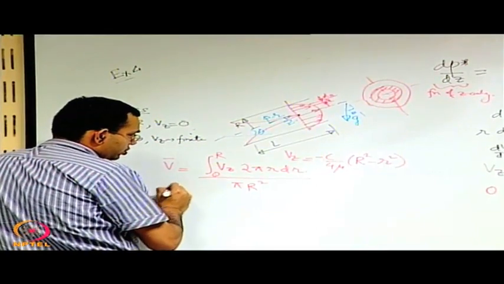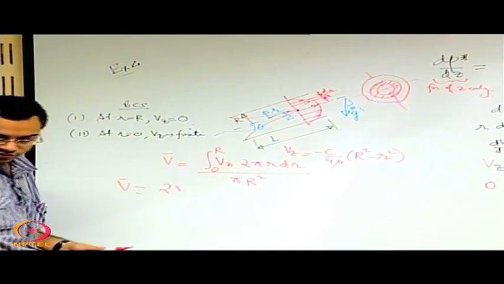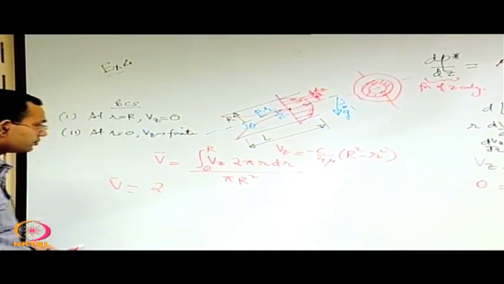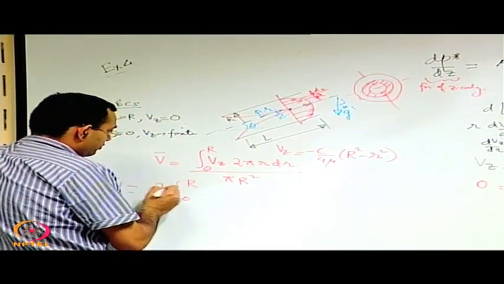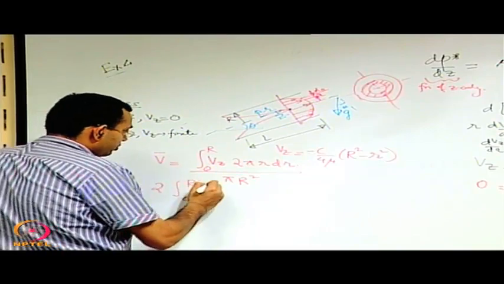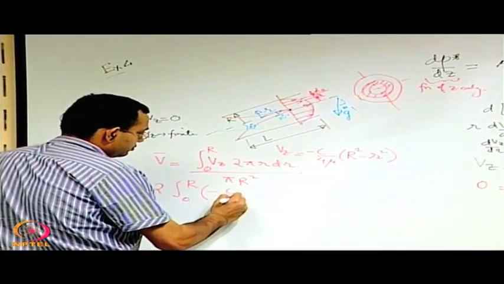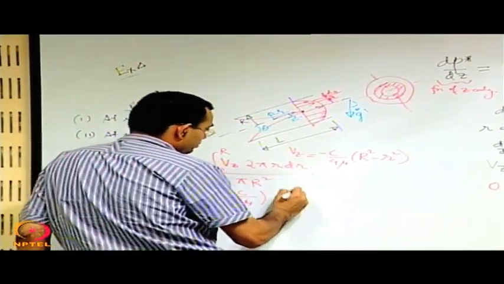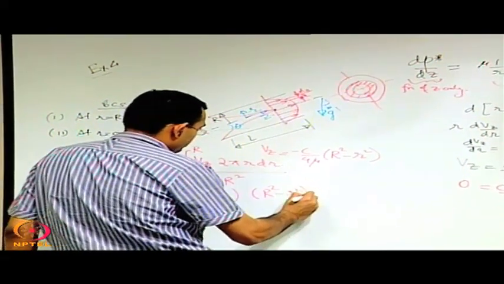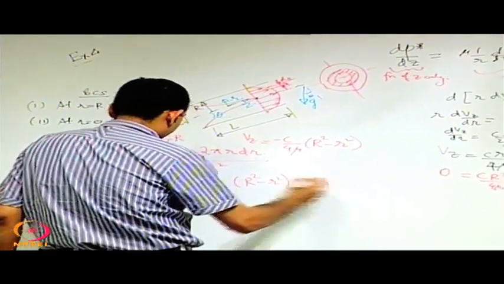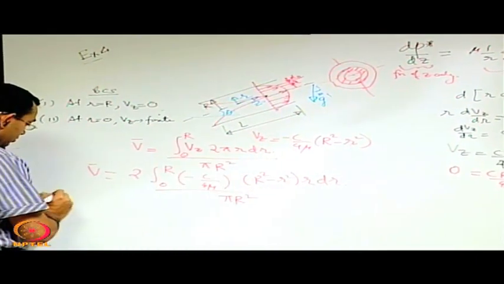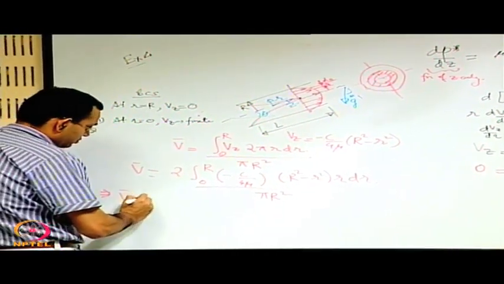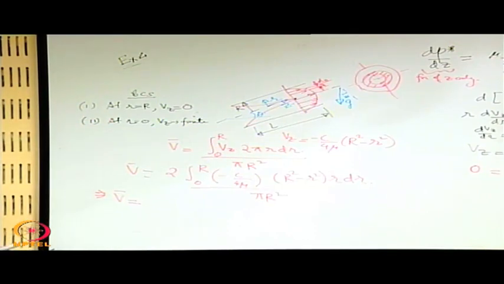So 2 into integral of 0 to R, you have minus C by 4 mu. So what is V average in terms of C?